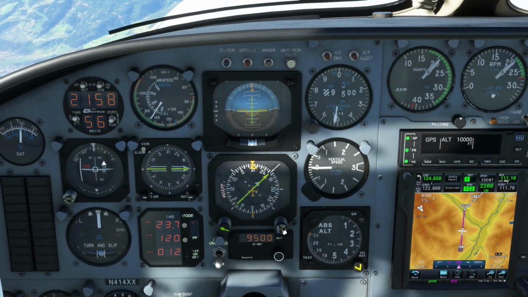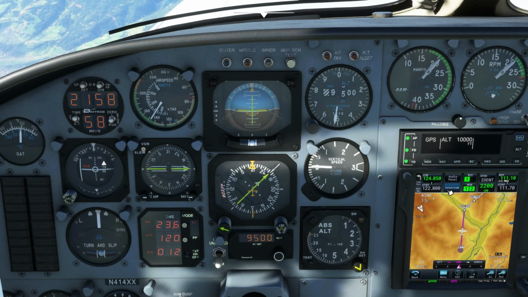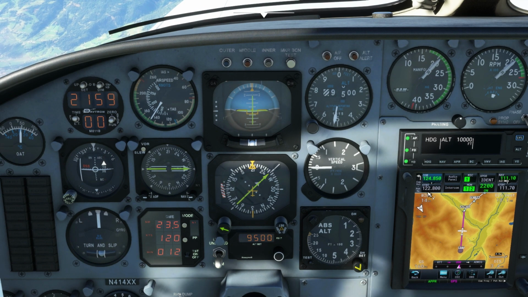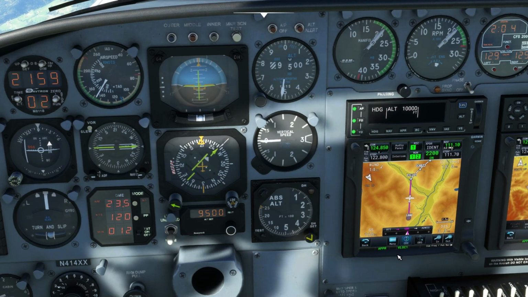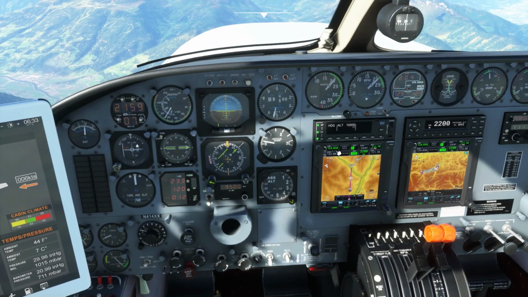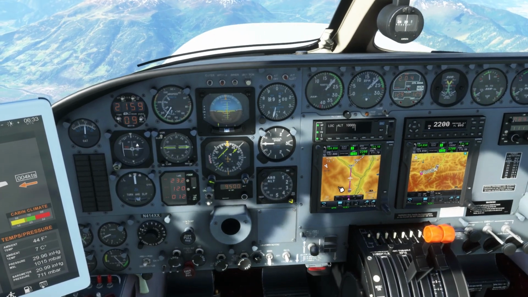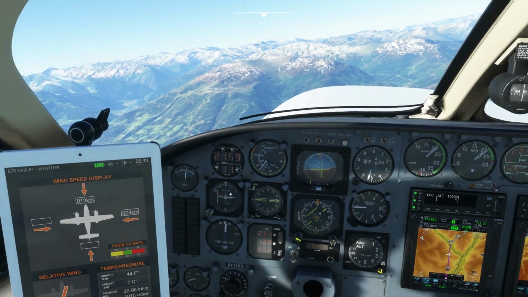Let's go to heading mode. Let's change this to VOR lock, and we've got signal, perfect. And we can place this in localizer. Super.